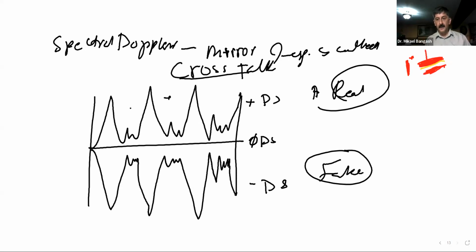But we can still say this one here was real, and this one here was the artifact. It was fake. Even if, for instance, in color Doppler mode they had recorded a negative Doppler shift.